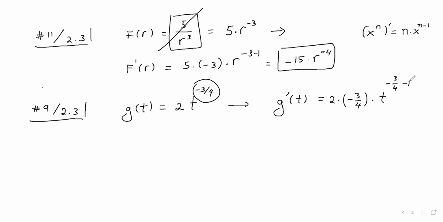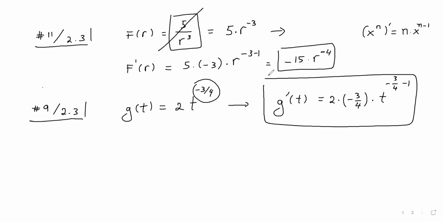All right. And this is the result of the derivative, which is not finalized. It can be simplified, and I expect you to simplify your answers, folks, on tests and such, because right now in calculus, you're expected to be able to handle simple manipulations of things like 2 times negative 3/4 over here, which really is negative 3/2 times t to the negative 3/4 minus 1, or if you want, negative 7/4.